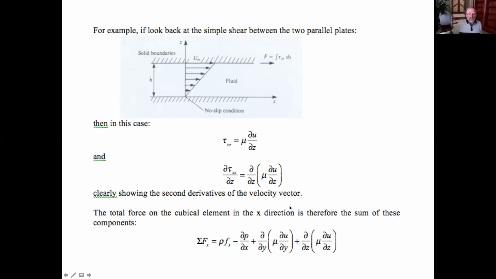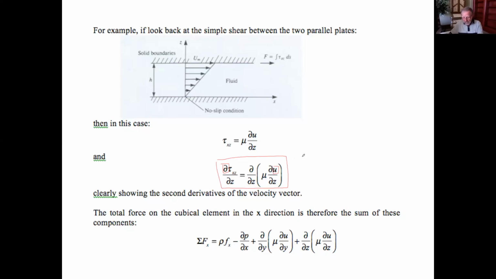The purpose of this slide is to convince you that at the end of the day, when we're talking about forces, we're looking at the differences between the two sides. So it is the derivative, the difference between the two sides of the box, and we end up with the second derivative of the speed. Okay, so it's not such a dramatic thing.